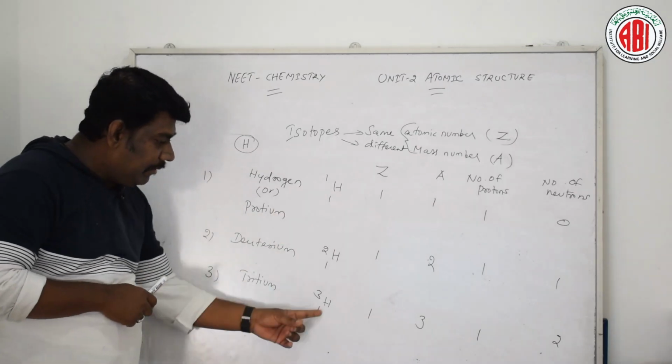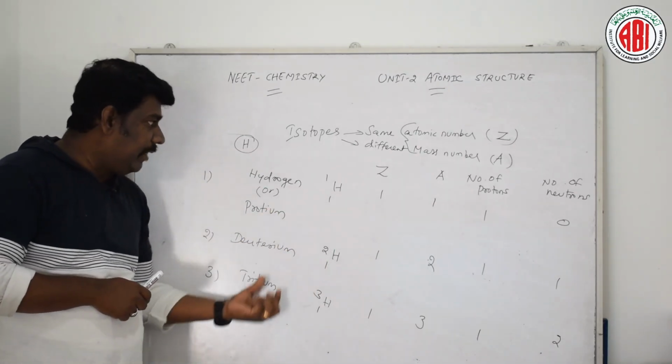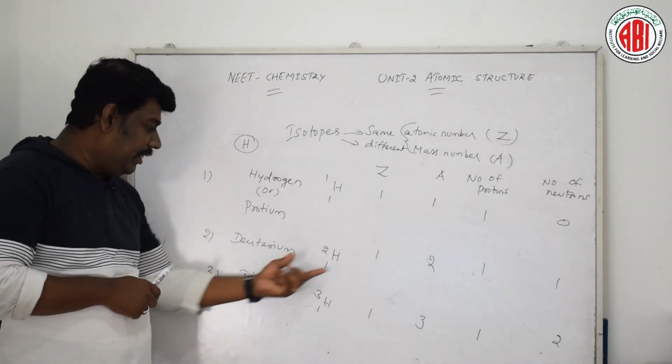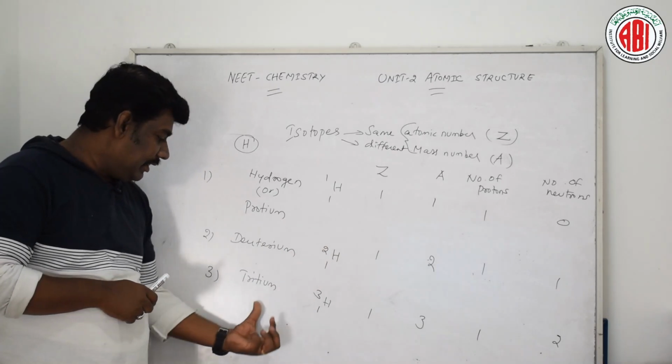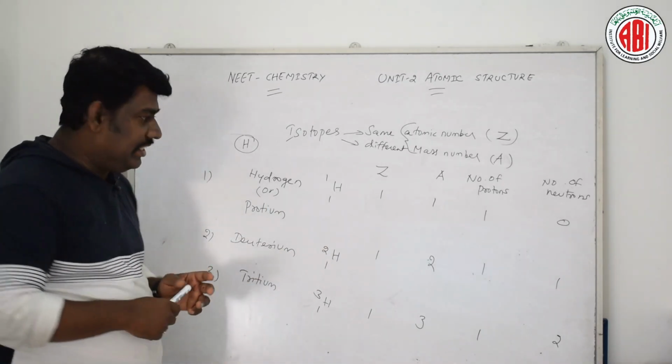The symbolic notation for these three isotopes is protium H11, deuterium H12 and tritium H13.